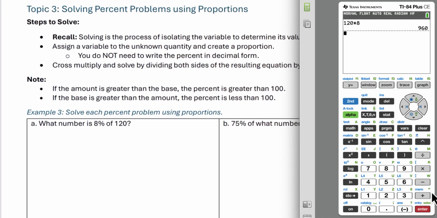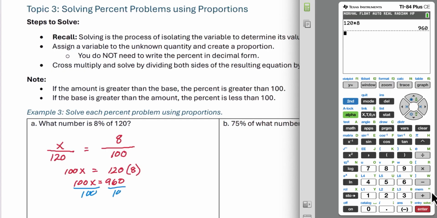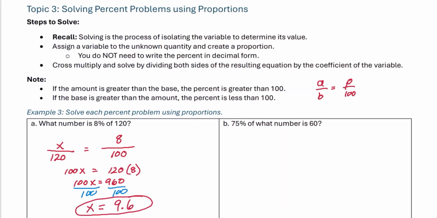We'll then divide both sides by 100. And we get x equals 960 divided by 100, 9.6.